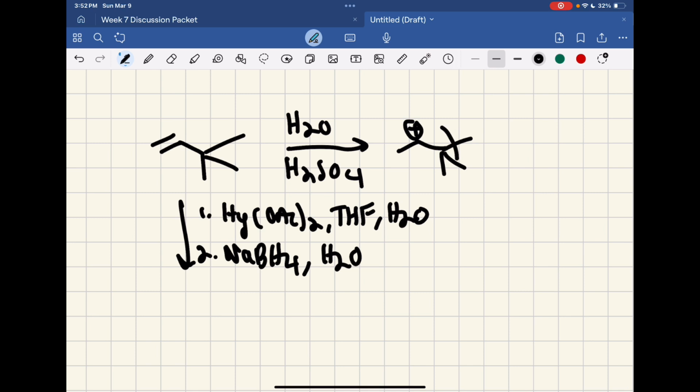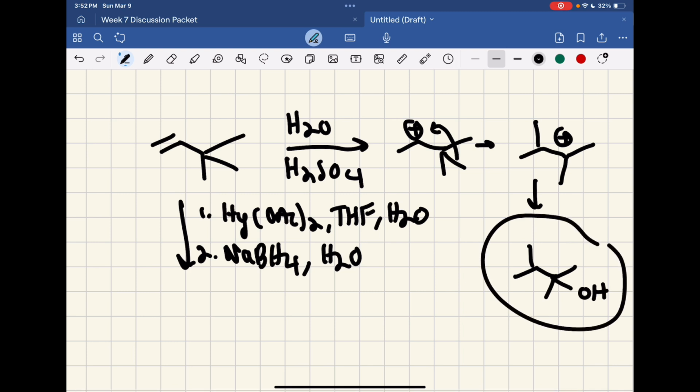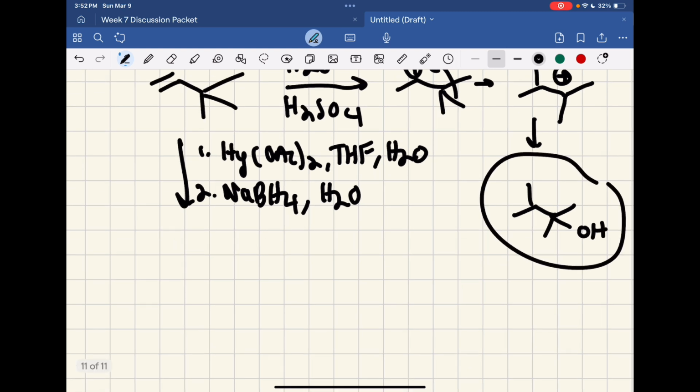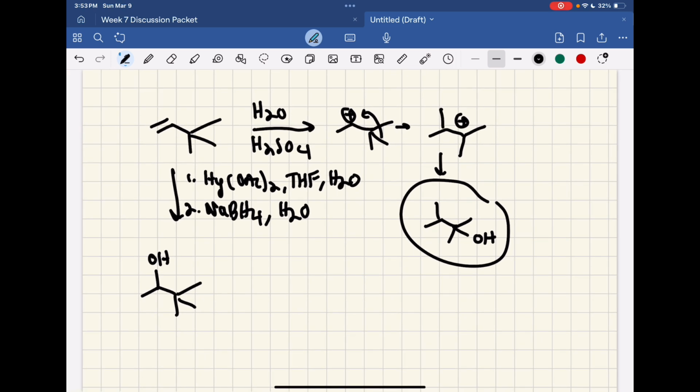Oh, but we are primed for a 1,2 alkyl shift. So we have a structure that looks like this tertiary carbocation, where water will eventually attack. I'm skipping a whole bunch of mechanistic steps, but this is the product of that pathway, this alcohol. For the second structure, we do not have any rearrangements, so you can imagine that we have no carbocation and the alcohol going on the Markovnikov secondary position. So notice very different products, still both alcohols, but two different constitutional isomers based off of the intermediate we decide to go through, okay? That's the reason we teach this.